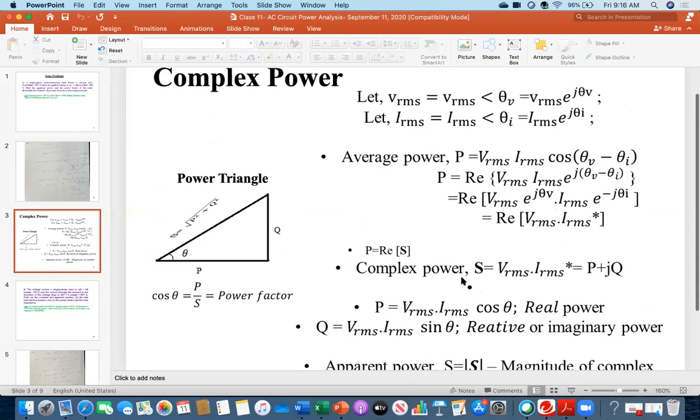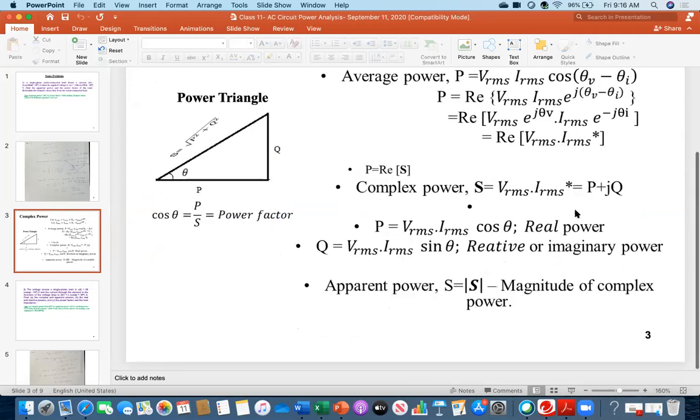The complex power definition was VRMS multiplied by IRMS conjugate, and that's why in rectangular form it was P plus jQ. But if you take just the magnitude of this, that is the apparent power. In other words, in the power triangle, the hypotenuse, S equal to root over P squared plus Q squared, is the apparent power.